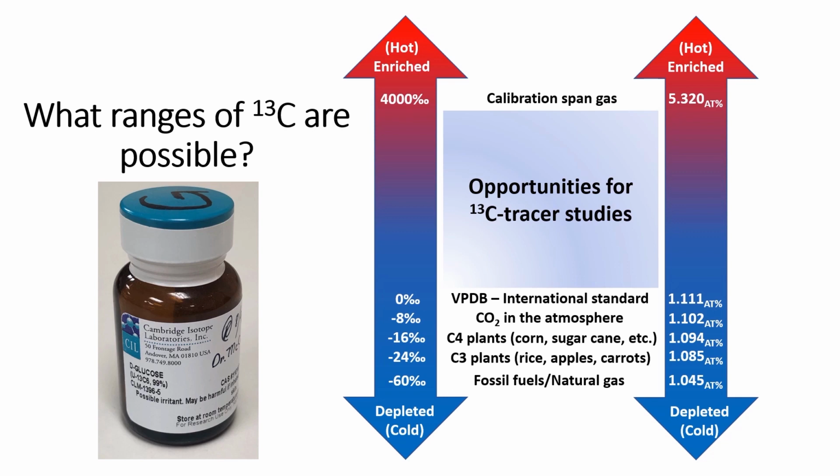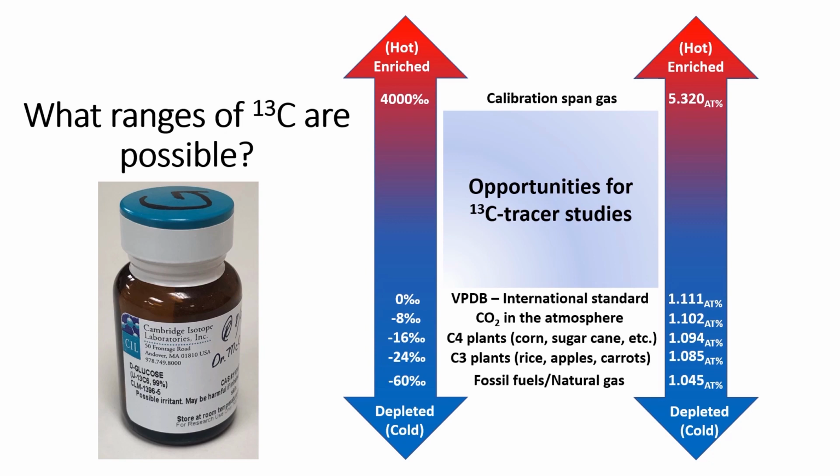This is equivalent to about 8.8 million per mil, and that's why sometimes per mil delta units are not all that useful. Now I mix my own carbon-13 enriched standard that has a value of about 4,000 per mil. This is equivalent to an atom percent of just over 5%. And that covers pretty much all bases for tracer studies.